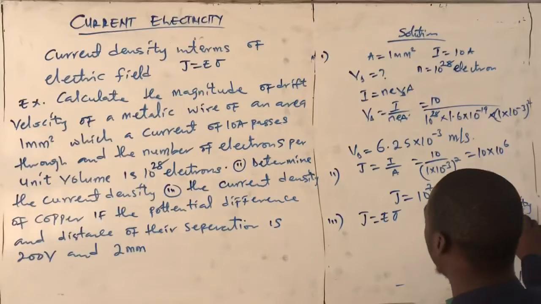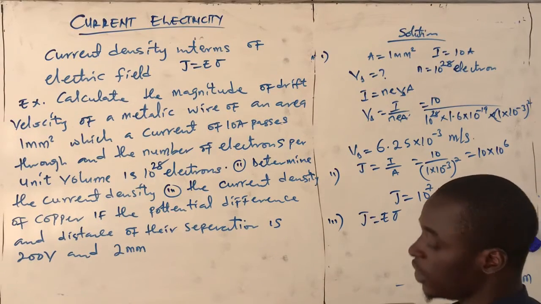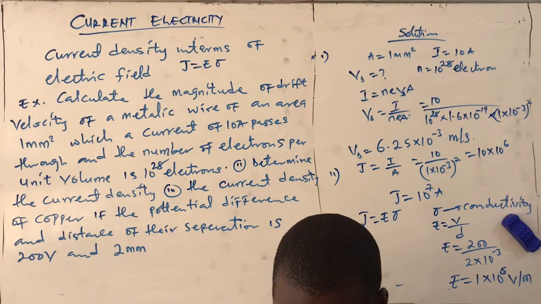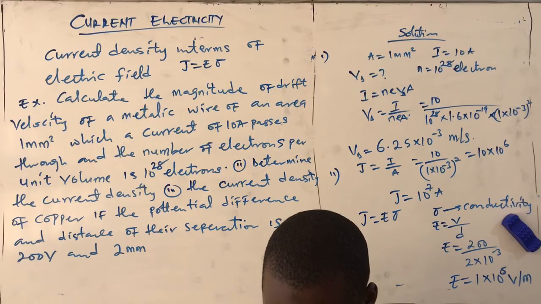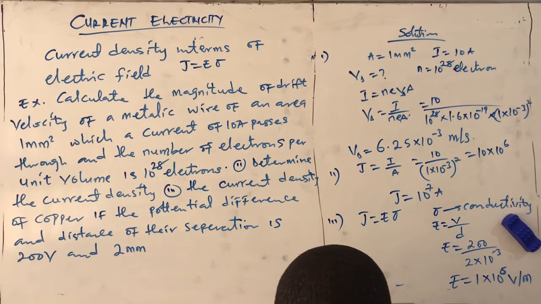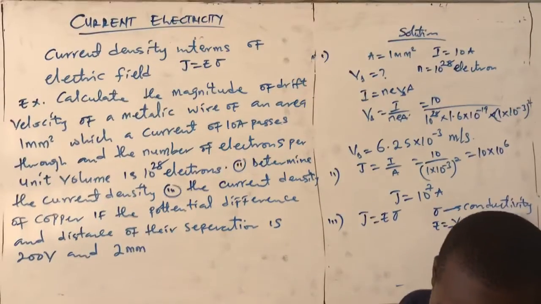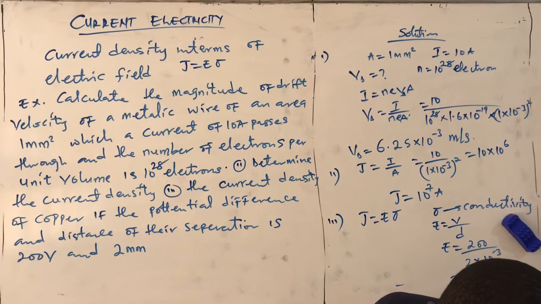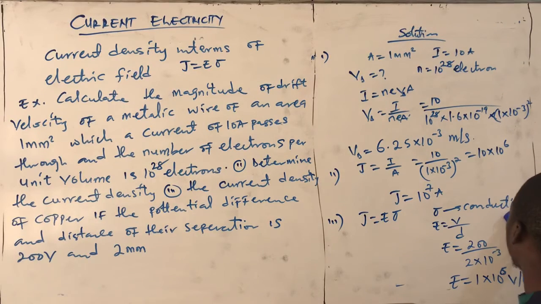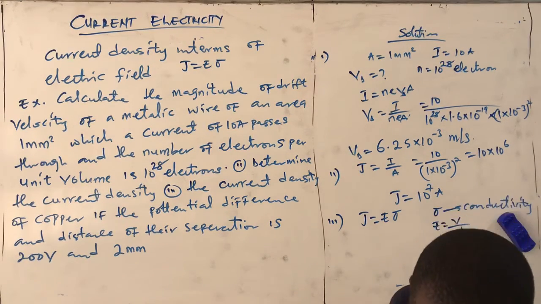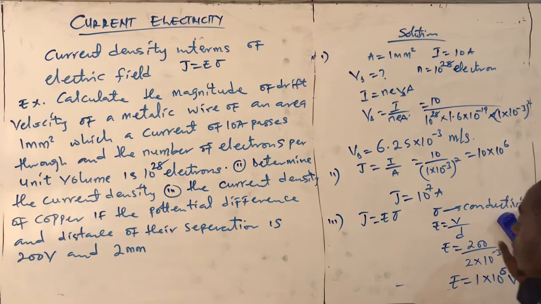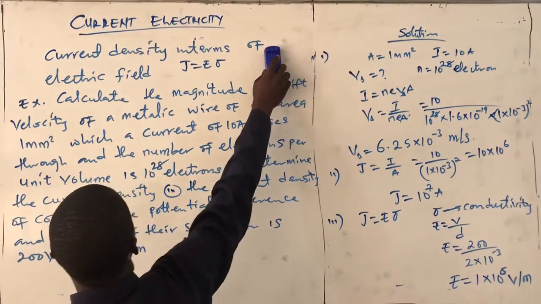Now to calculate our current density, we need to know the conductivity of copper, which is a constant.